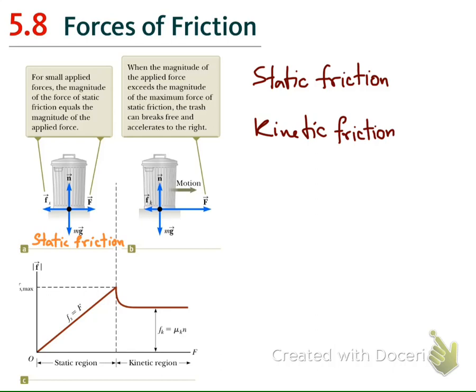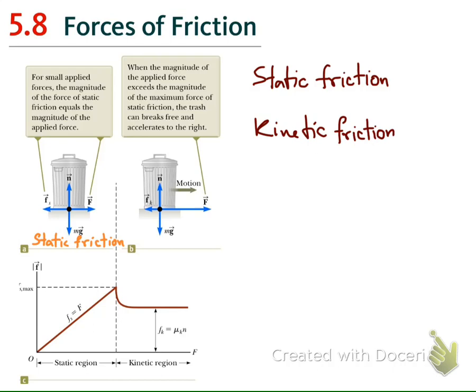From our experience, we know that when we apply a force to the object but the object still does not move, we may apply more force, meaning we increase the magnitude of the force, but the object maybe still does not move. So when you increase the magnitude of the applied force, the magnitude of the static friction also increases.